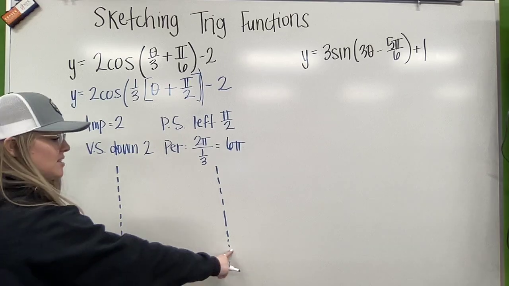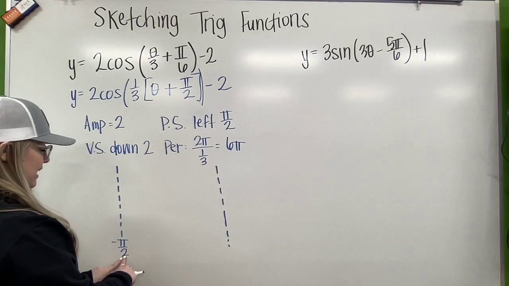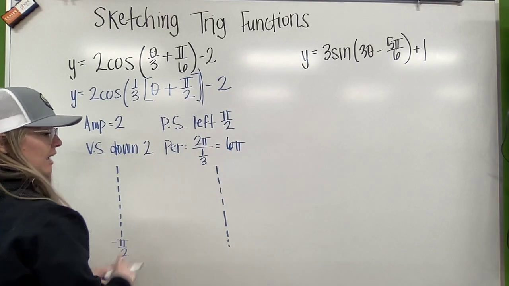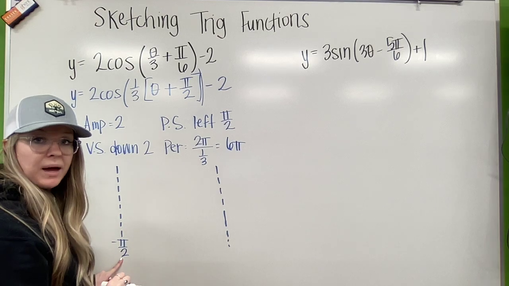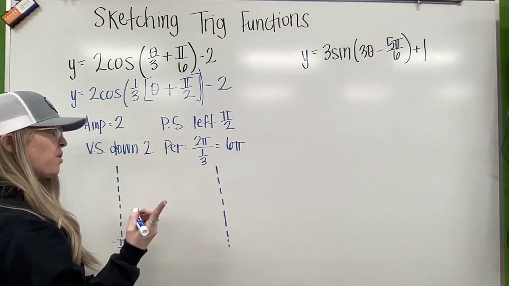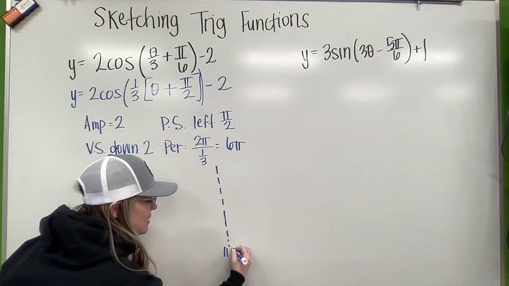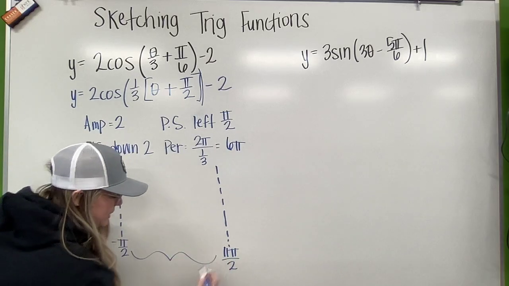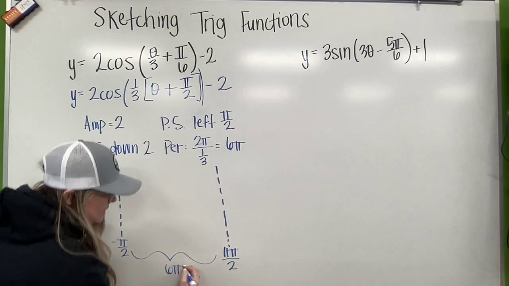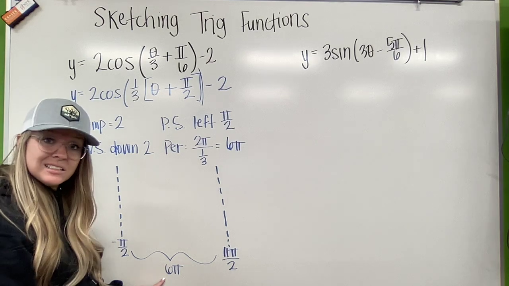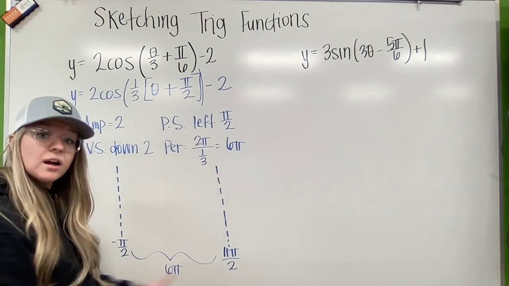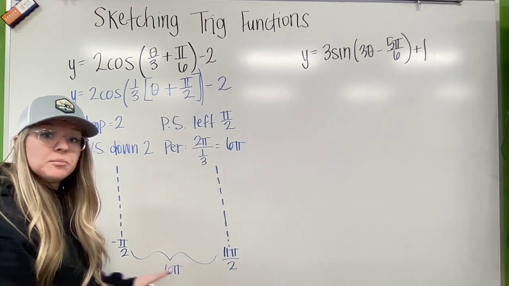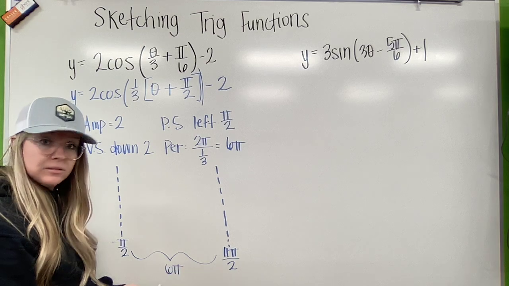So from the start to the end, I went left negative pi over 2, and I have to cover a distance of 6 pi. So that's 12. So this is going to end at 11 pi over 2. So this distance between them is my 6 pi. Does that make sense? So where does my cycle start? Where does my cycle end? Because it's covering this 6 pi.